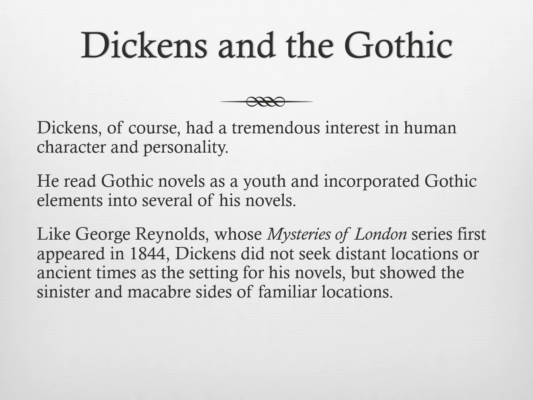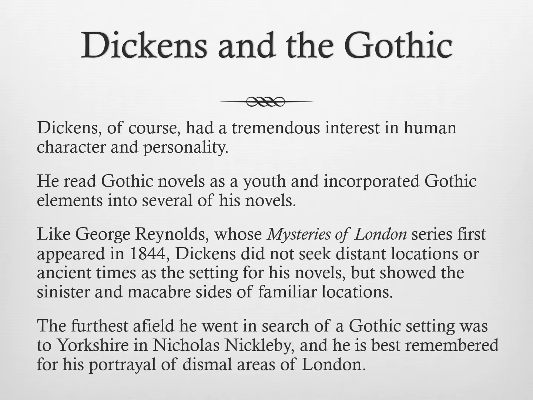And we get this also in Reynolds' Mysteries of London series from 1844, and it's a general kind of tendency. Dickens really doesn't go very far away from London in most of his writings. The furthest he goes away is Yorkshire, and mostly we remember him for his portrayal of dismal, miserable, poor areas of London.